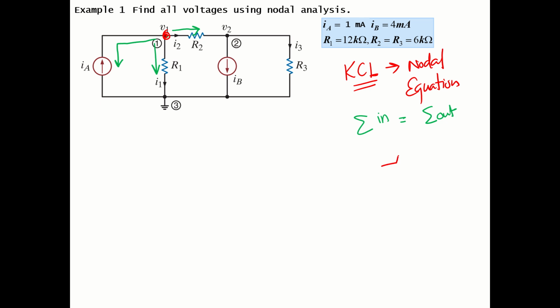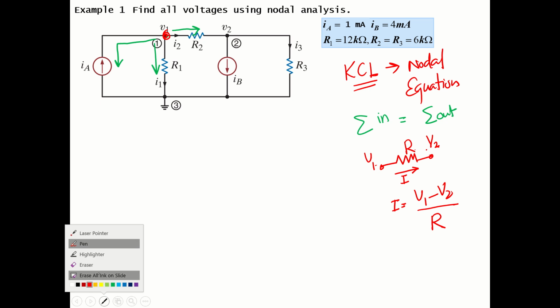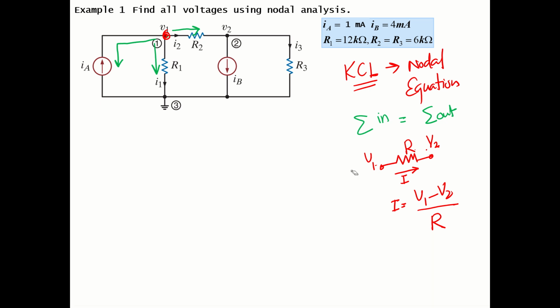If we have a resistive branch, and the voltage at this node is V1, the voltage at this node is V2, and the value of the resistor is R, then the current I flowing through this resistor can be written as the difference of nodal voltages, V1 minus V2, divided by the value of the resistor. Always using this, we can write any current flowing through any resistive branch. So let's use this concept and try to write our first nodal equation of this circuit.